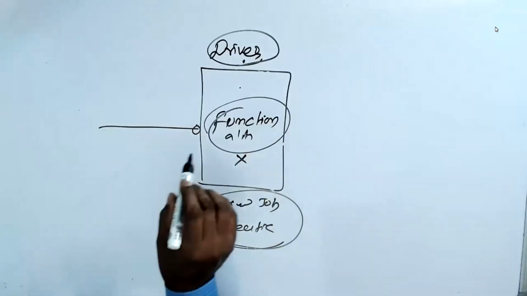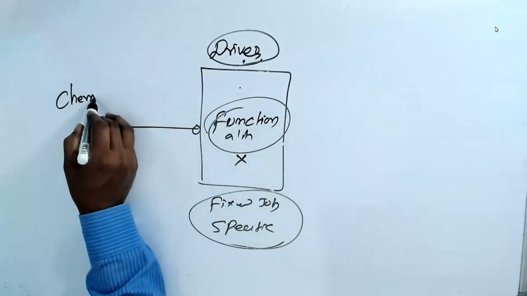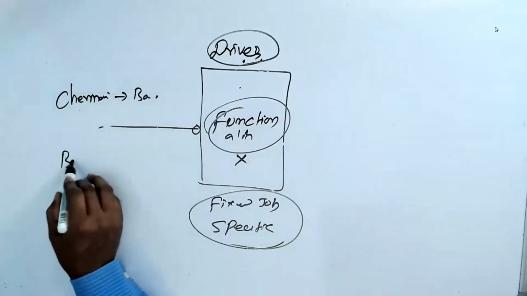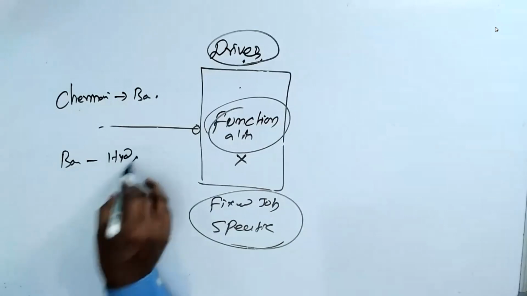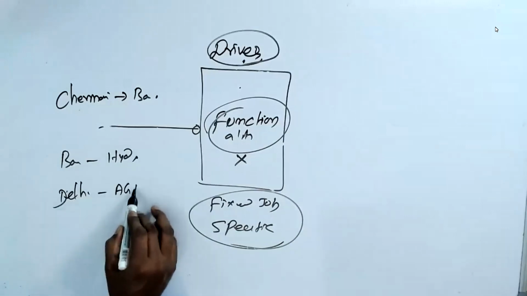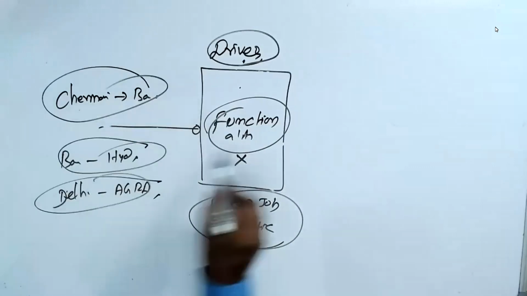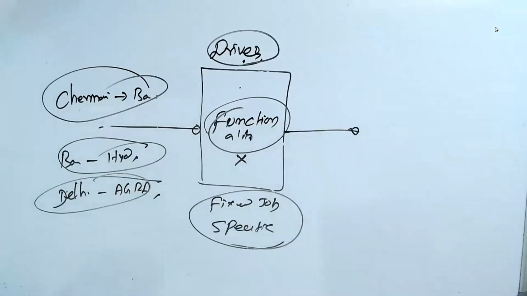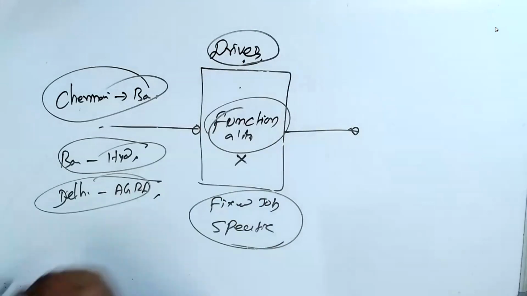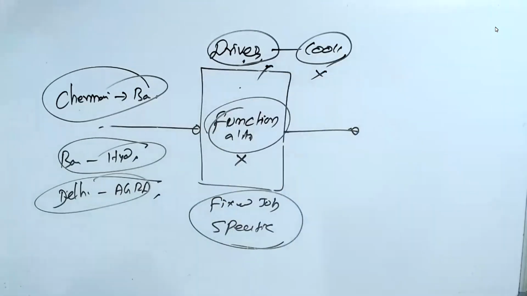But I can tell him, hey, drive me from Chennai to Bangalore, or Bangalore to Hyderabad, or Delhi to Agra. Am I right? You can tell him these things and he will do the operation. But you cannot convert a driver to a cook. That is not possible. Understand?